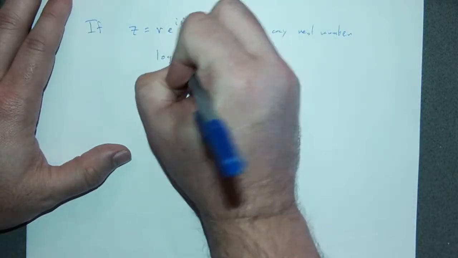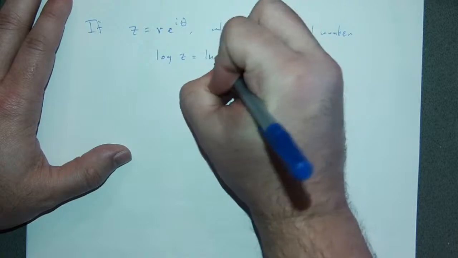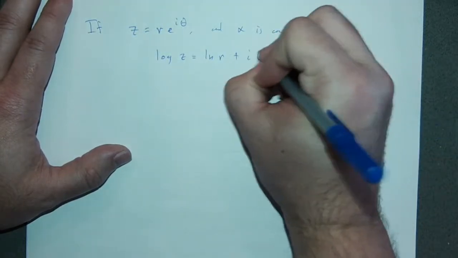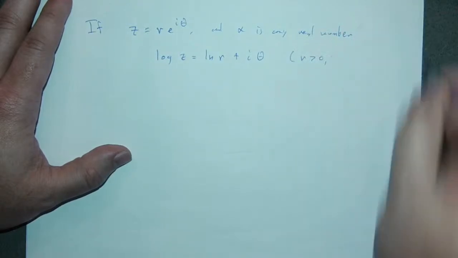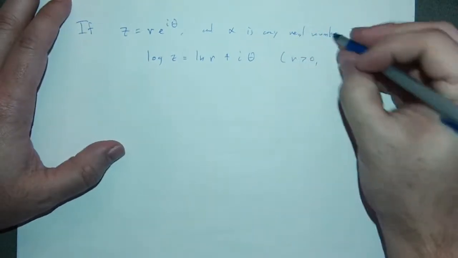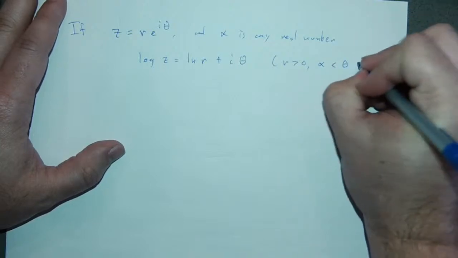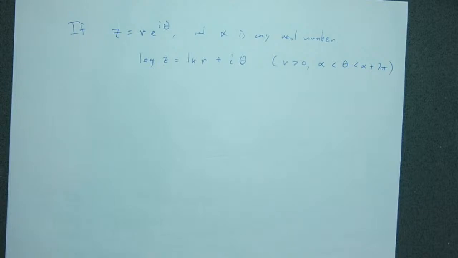Then my log z function, of course, is the natural log of r plus i times theta, where, as usual, r is positive, and theta is strictly between alpha and alpha plus 2 pi.